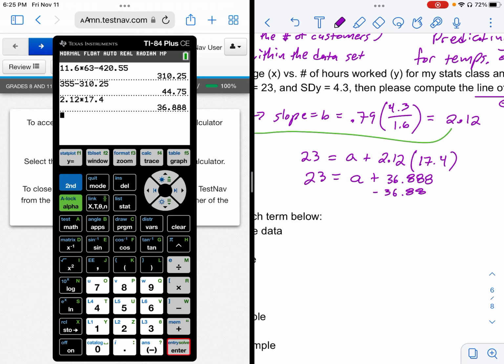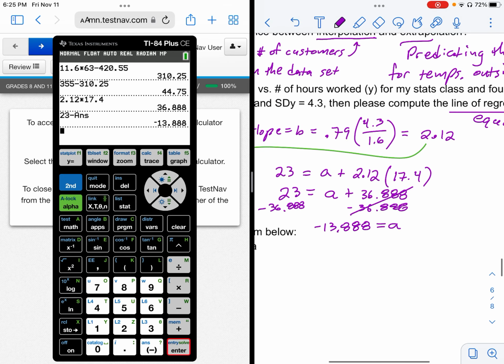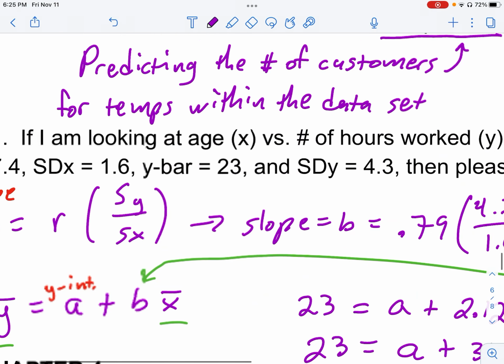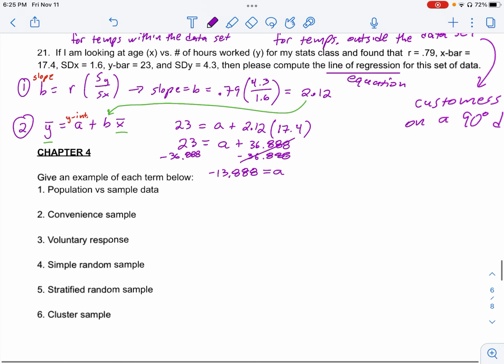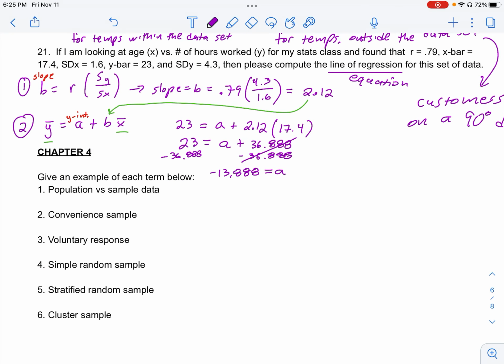Then just subtract that over to the other side, and you will have your y-intercept. 23 minus that answer, boop, negative 13.888 equals A. And again, A is my y-intercept.